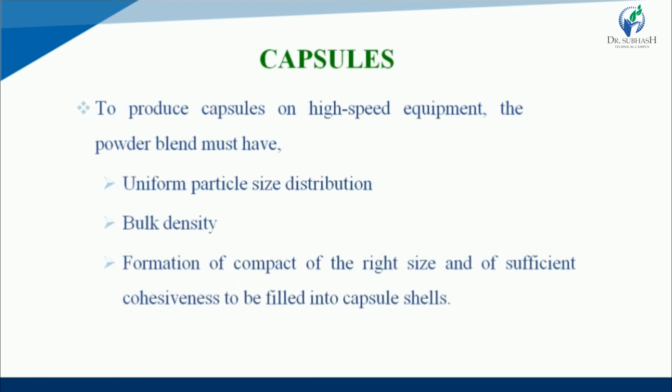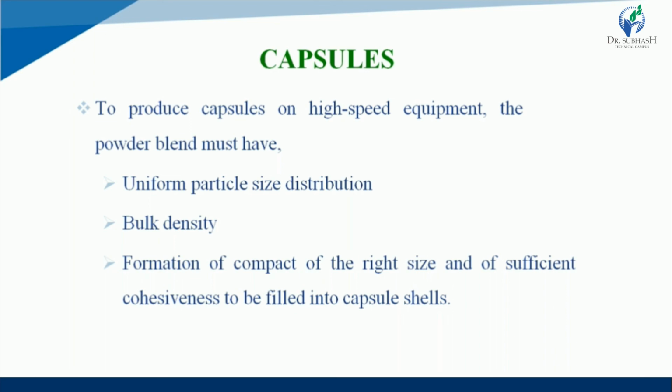Capsules. To produce capsules on a high-speed equipment, the powder blend must have a uniform particle size distribution, bulk density, and formation of compact of the right size and of sufficient cohesiveness to be filled into capsule shells. That means to produce capsules on high-speed equipment, the powder mixture must have uniform particle size distribution.